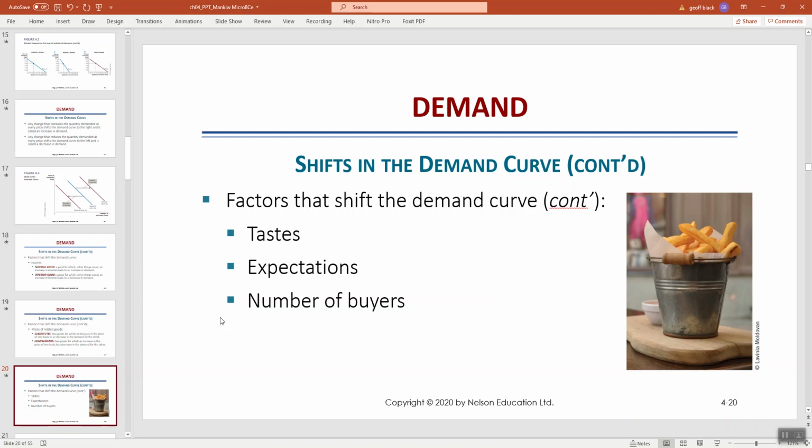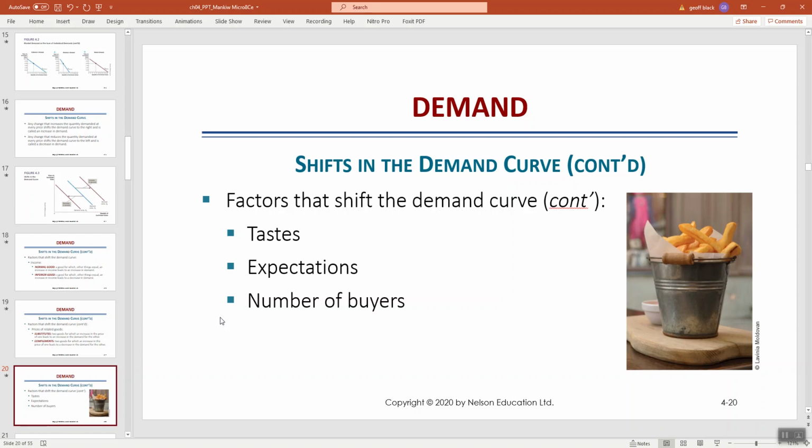Expectations can also shift the demand curve. If you expect something to occur in the near future, you might be more likely to demand it. So let's say you think there's going to be a really cold and snowy fall in southern Ontario. Well, that might affect the quantity demand of snow shovels, even if the price of snow shovels doesn't change.